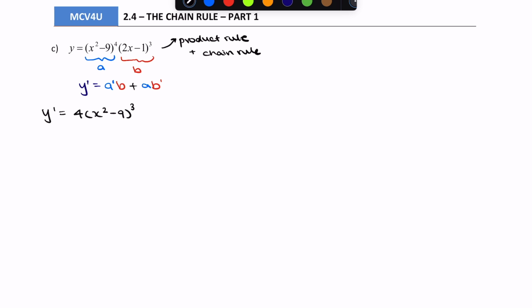And then we'll do the derivative of the inside, which is 2x. So this here is a prime, multiplied by b, which is (2x − 1)³.